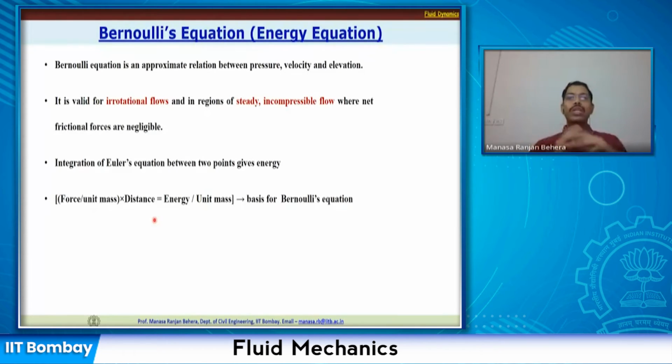In other words, the total energy, we will see the different energies in the next slides, is nothing but kinetic energy, potential energy, and energy due to pressure. The energy spent by pressure to move 1 unit weight of the liquid is the pressure head or pressure energy.